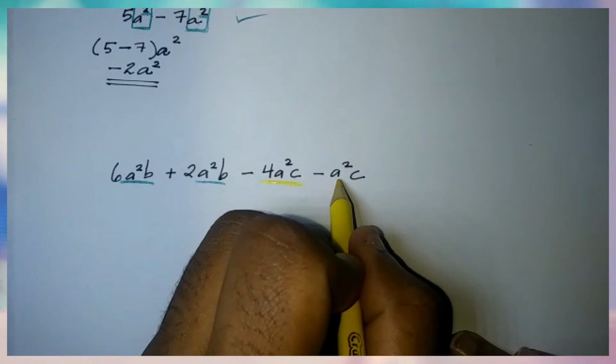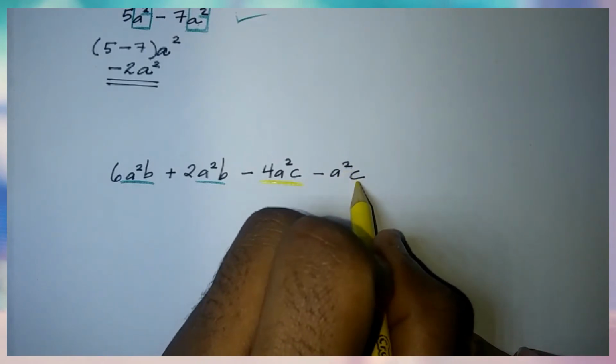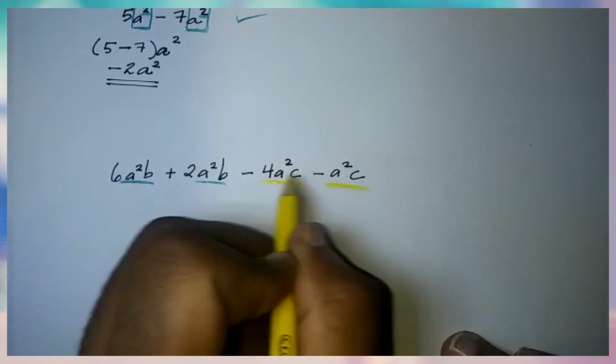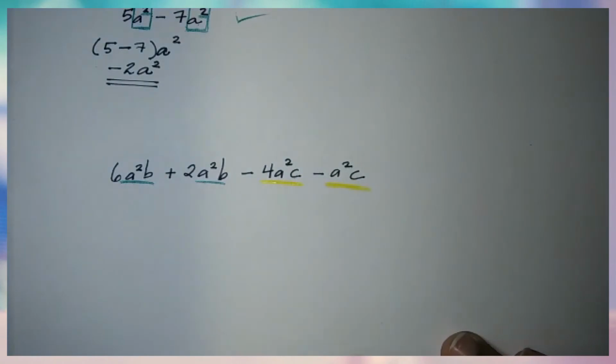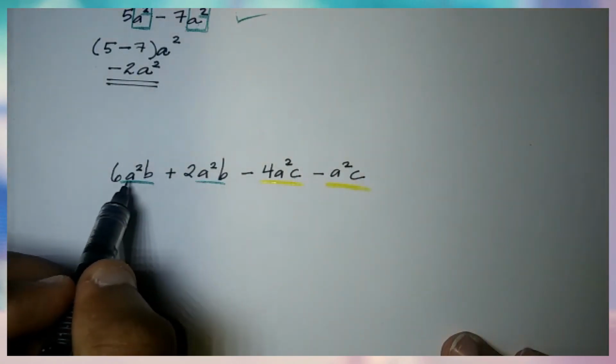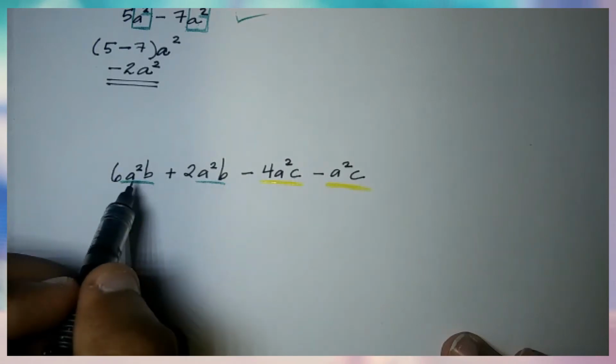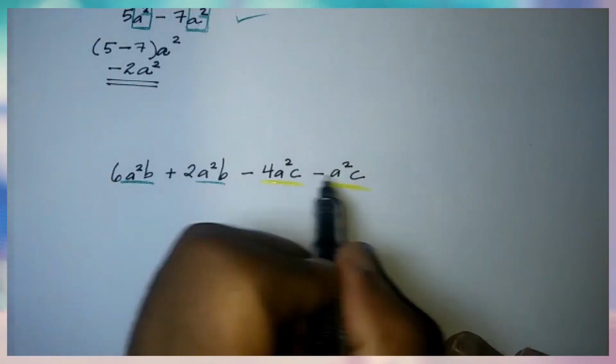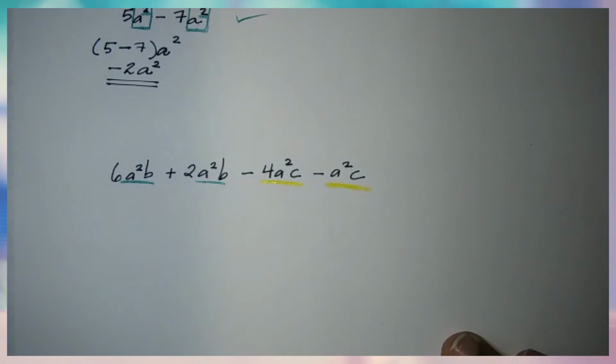What about this one? A squared c. Nice. These are like terms. Now I can put the like terms together by grouping them. When you look at it, all the a squared b's are together and all the a squared c's are together. So they're already grouped. Now what I need to do is to simplify it. How can we go about doing that?